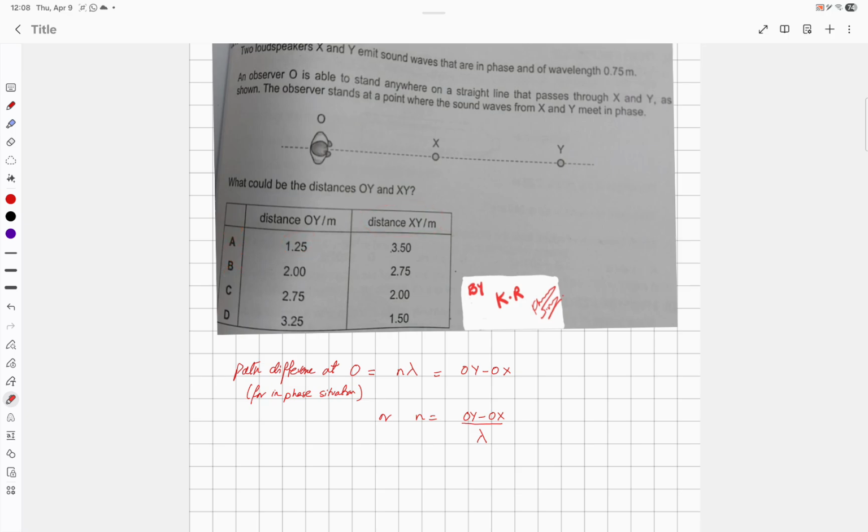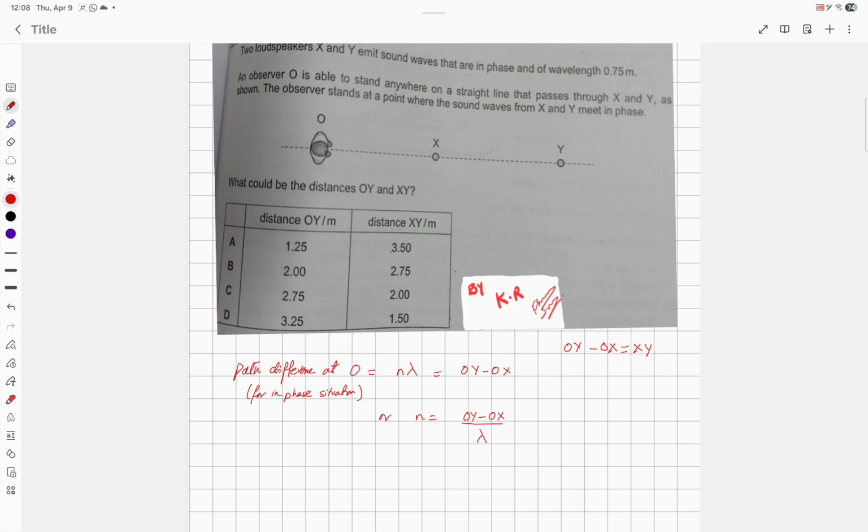First of all, the value of OY is given in option C as 2.75. I need to figure out XY. How can I find XY? This small distance is written as OY minus OX equals XY.